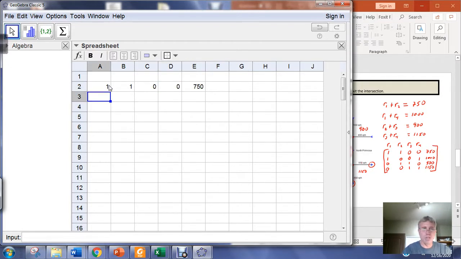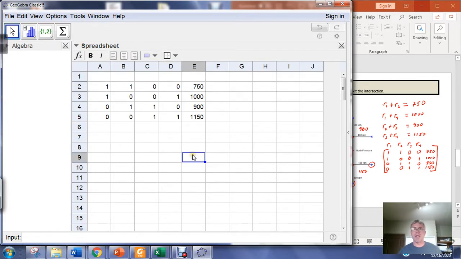The second row is 1 tab 0 tab 0 tab 1 tab 1000 vehicles per hour. Row 3 is 0, 1, 1, 0, 900, so 0 tab 1 tab 1 tab 0 tab 900, enter. And row 4 is 0, 0, 1, 1, 1150, so we have 0 tab 0 tab 1 tab 1 tab and 1150.